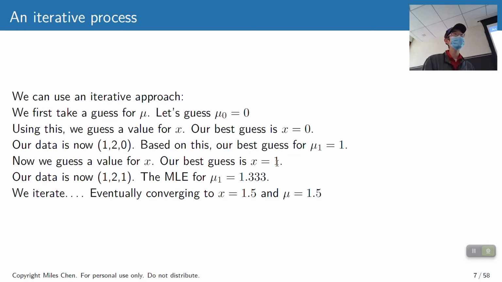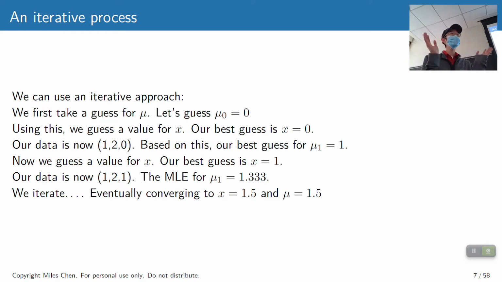It's going to be 1 now. So now our data is 1, 2, 1, and we ask what's the best guess for mu? Using the maximum likelihood estimate, we get 1.333. If I plug that back in to get our best guess for x, we get a new value, and we iterate back and forth, back and forth. Eventually, we'll converge to where x is 1.5 and mu is 1.5.